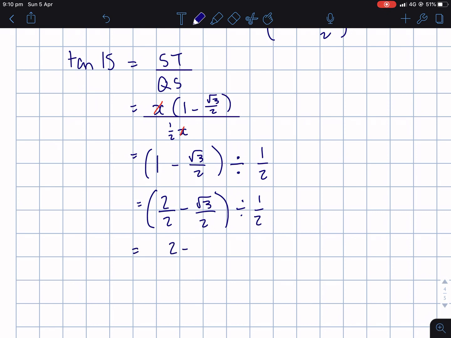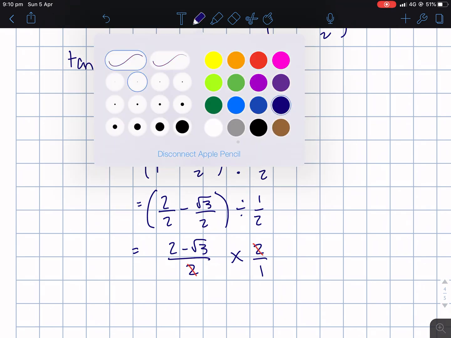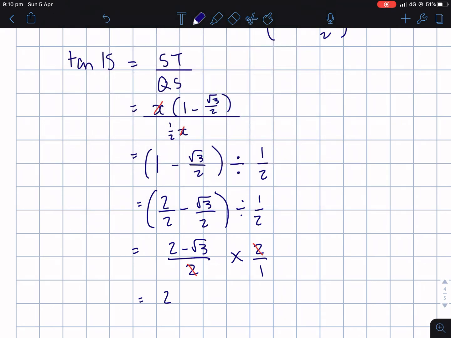Now dividing by a half is the same as keep flip change, timesing by 2 over 1. Now my 2's are going to cancel. And I'm going to end up with 2 minus √3, and it's just over 1. Therefore, tan 15 degrees equals 2 minus √3. Not one I'd memorise, to be honest.